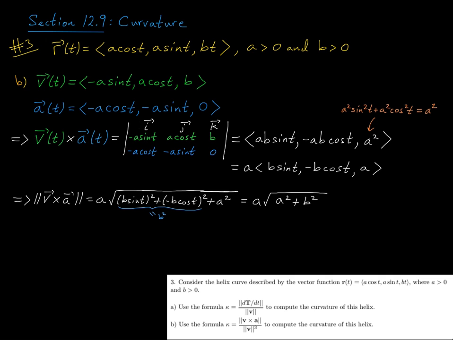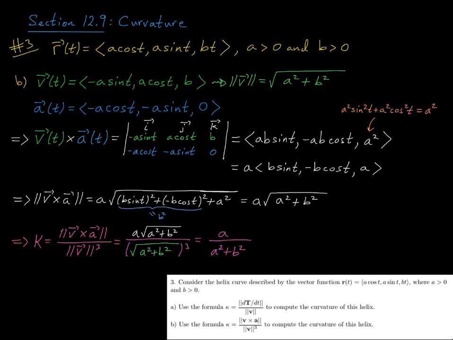All right, so now to find the curvature, well, I want to take this magnitude of v cross a, which I just found right here. It's a times the root of a squared plus b squared, and divide by the magnitude of v cubed, right? The magnitude of v, we note up here, is the root of a squared plus b squared. So if I cube it, okay, that's going to give me a root of a squared plus b squared cubed in the denominator, and I have a root of a squared plus b squared in the numerator.